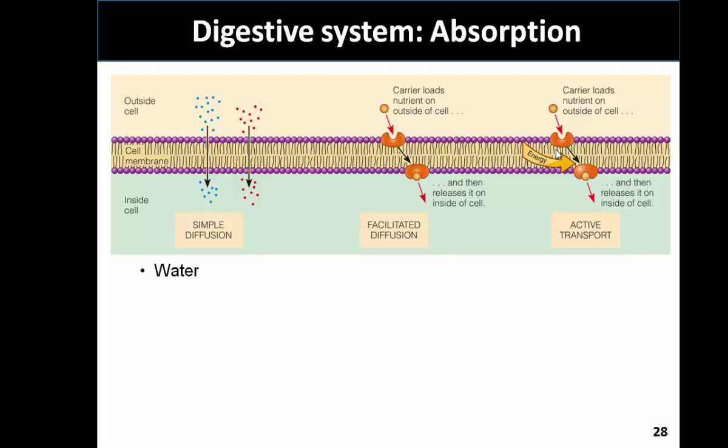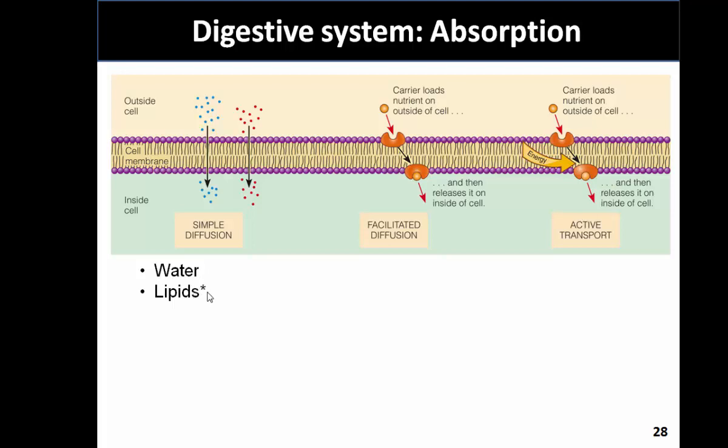So in terms of simple diffusion, H2O, water molecules, will absorb quite easily through the small intestine and into the cardiovascular system. Lipid molecules will also move via simple diffusion, eventually through the intestinal cells.